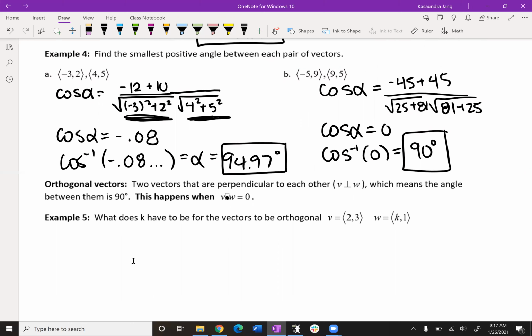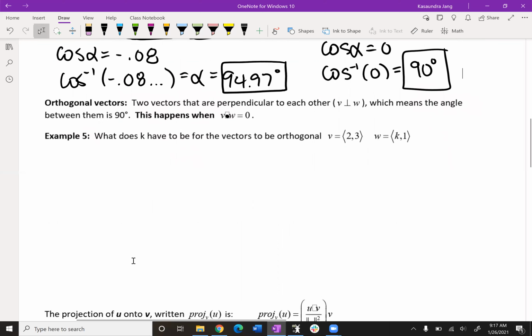Okay, so this one says, what does K have to be for the vectors to be orthogonal? They've got to have their dot product of 0, right? Yeah. -1.5. How'd you get that? Because we need 2 times K to equal -3. So you're doing your dot product being 0? Yeah.